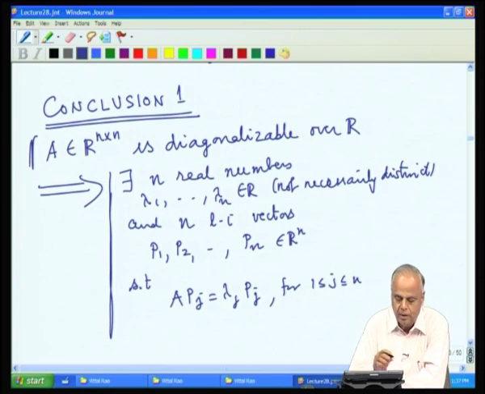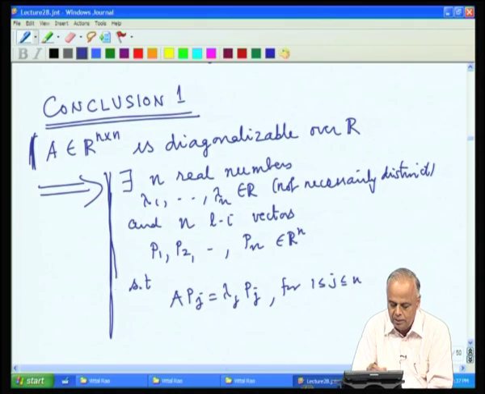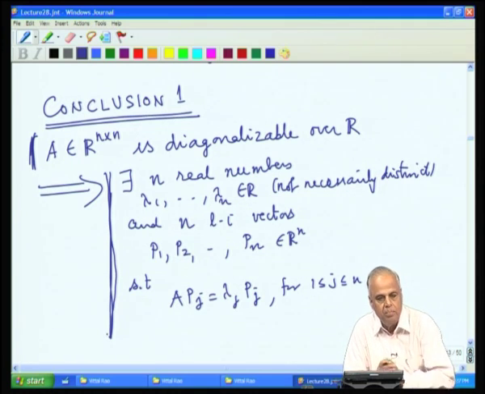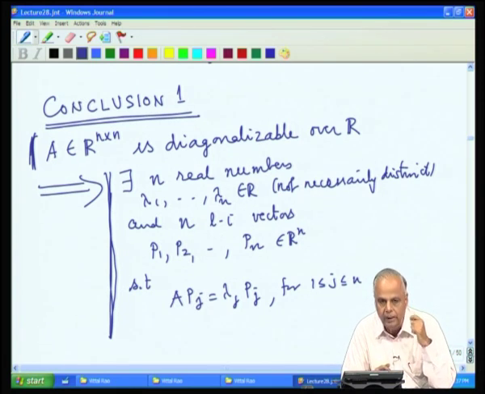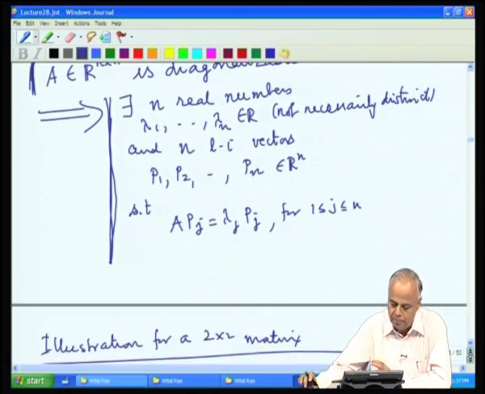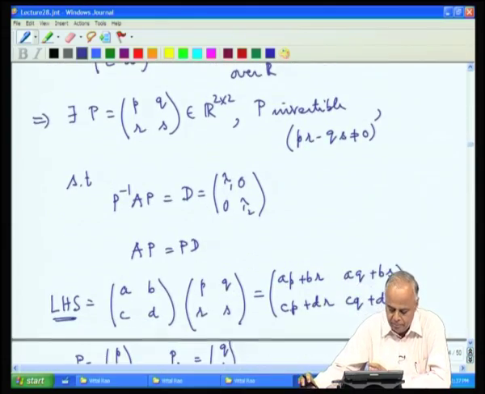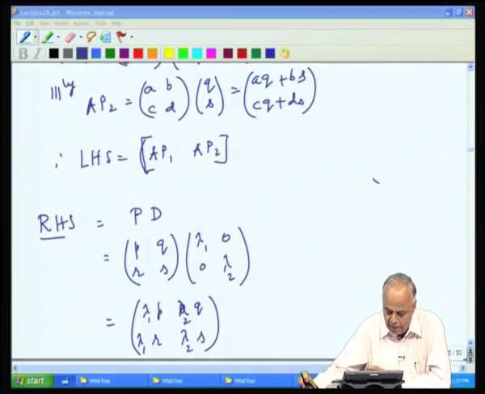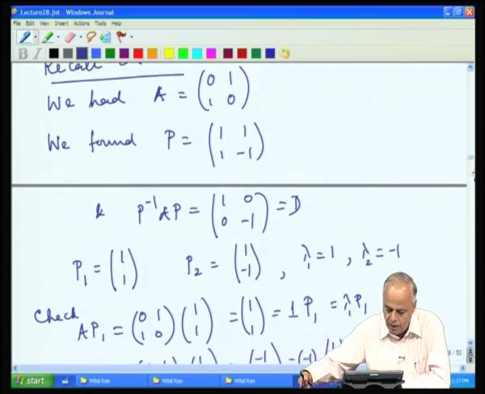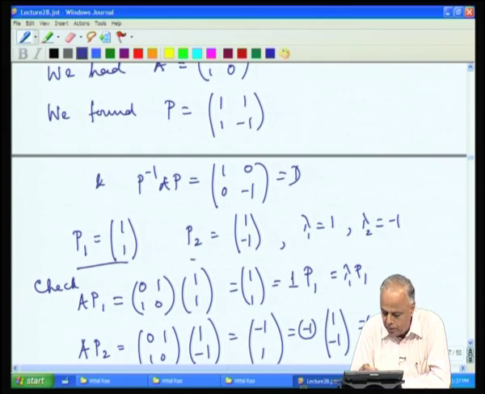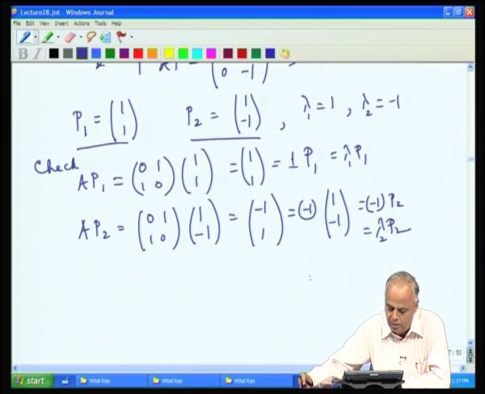If A is diagonalizable over R, then there exist n scalars, real numbers lambda 1, lambda 2, lambda 3, up to lambda n, and n linearly independent eigenvectors p1, p2, up to pn such that A pj is equal to lambda j pj. In this specific example you see that the p1 and p2 we got are linearly independent also.